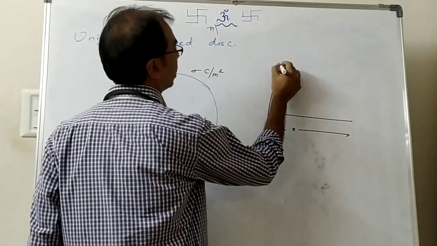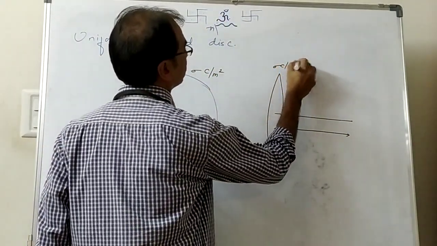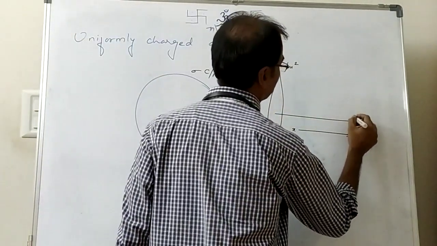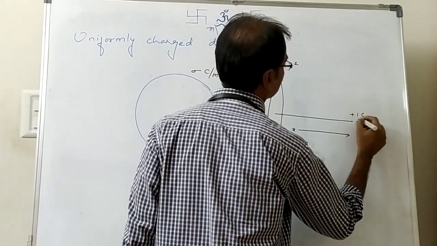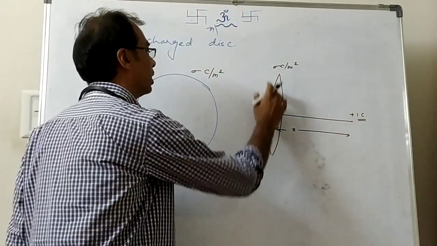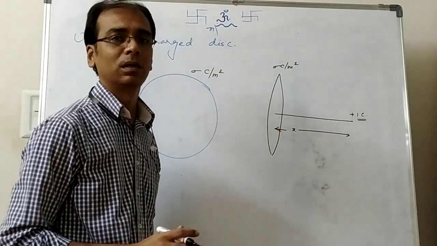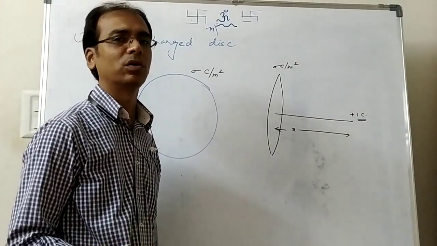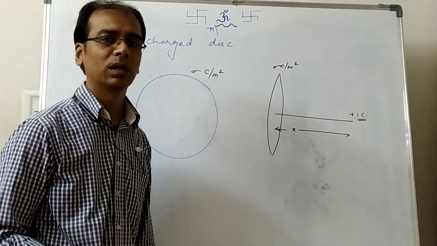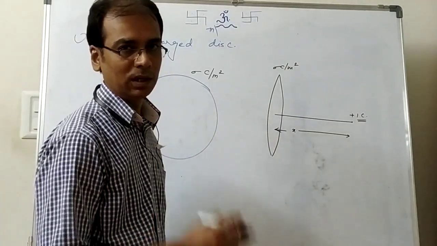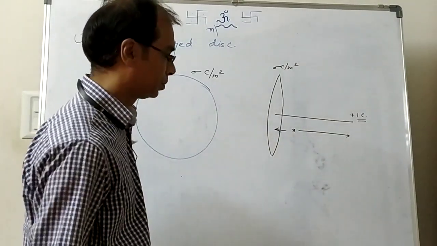It has sigma coulomb per meter square, and at this point, as usual, we'll take +1 coulomb charge. Now the question is, how shall we break it? Why break it? Because we have to find the electric field, and Coulomb's law is the only way. We have to break it into charges, find the force, and integrate.